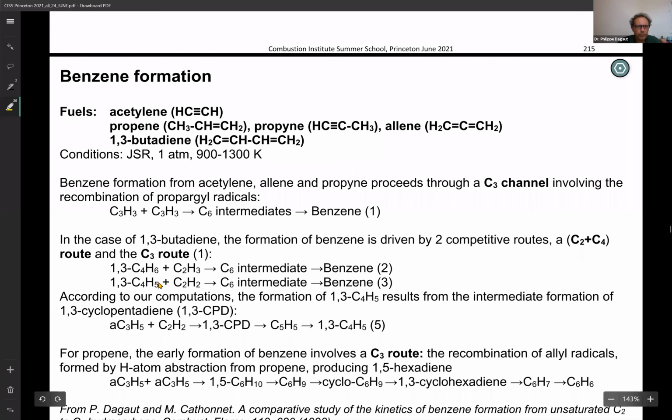And the second route is the reaction of butadiene, the radical, when we have abstracted one H atom on this structure, reacting with acetylene, which forms C6 intermediates, which in turn produce benzene. But according to our computation, the formation of 1,3-C4H5 results from the intermediate formation of cyclopentadiene.